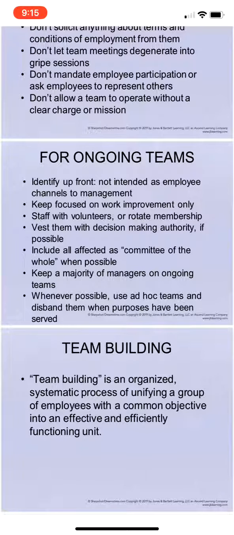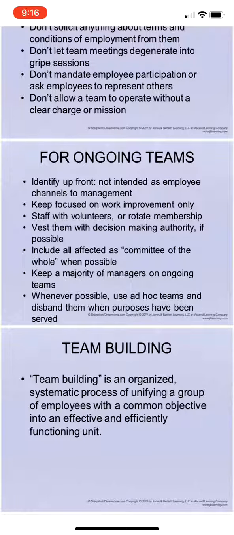Number 2, keep the team focused on work improvement topics only. This requires clear guidelines and plenty of continuing vigilance. So keep focused on work improvement only. Number 3, staff teams with volunteers or use rotating membership selected by some means that is not management dominated. So staff with volunteers or rotate your membership.